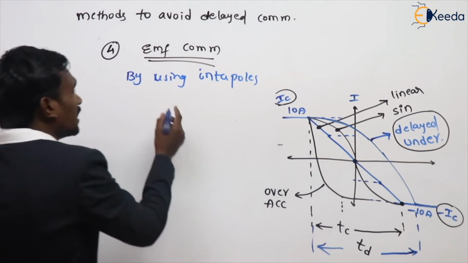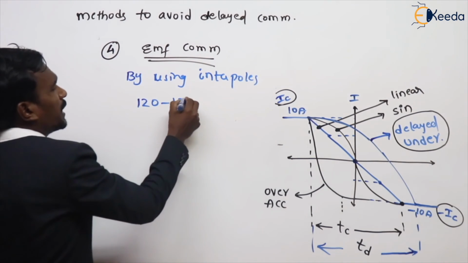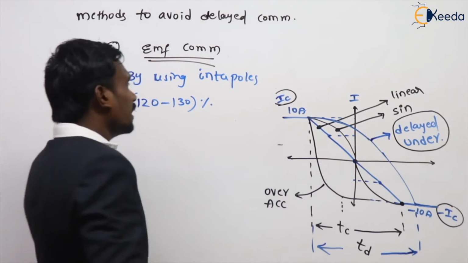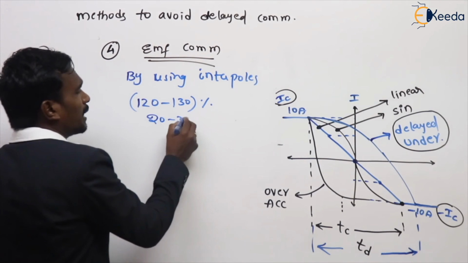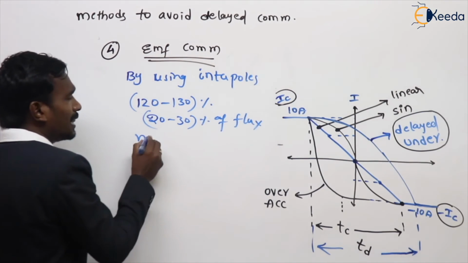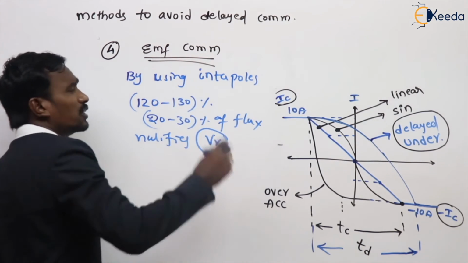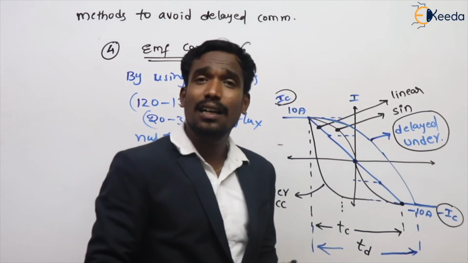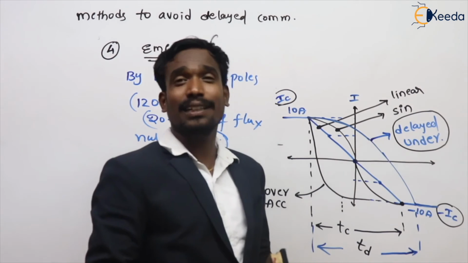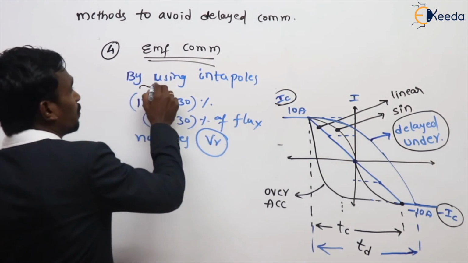How, sir? Generally, the interpoles or compoles produce 120 to 130% of the required flux. In that, 20 to 30% of flux is used to nullify the reactance voltage induced in the commutator segments. That is the main reason for delayed commutation. For that purpose, we are using interpoles.